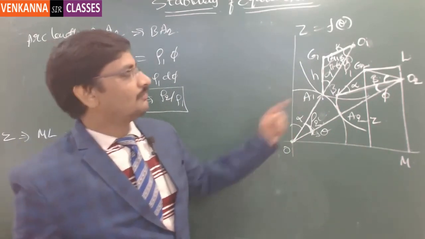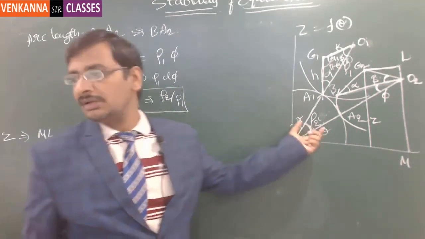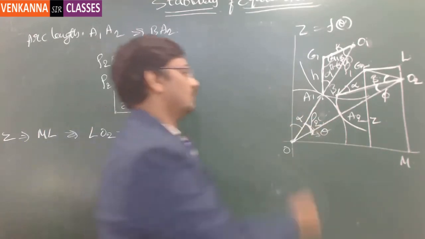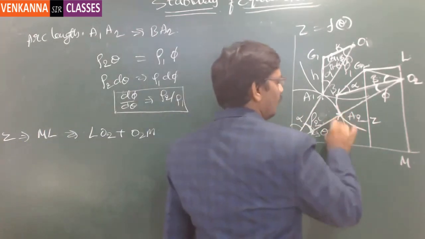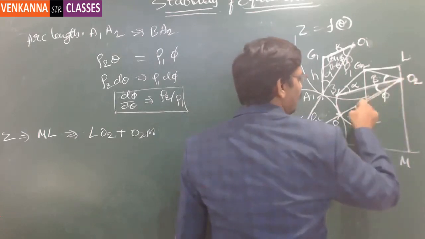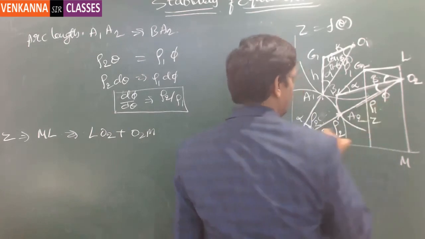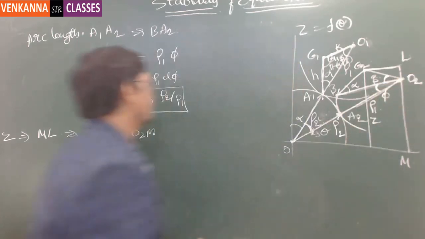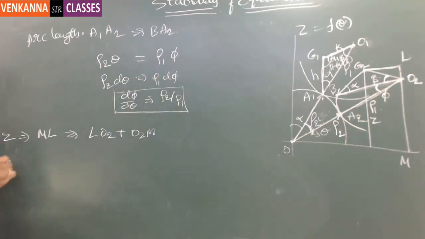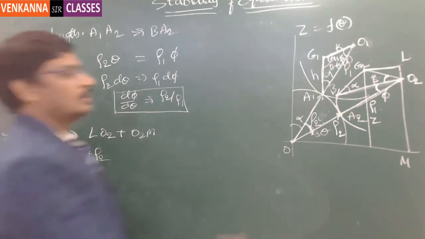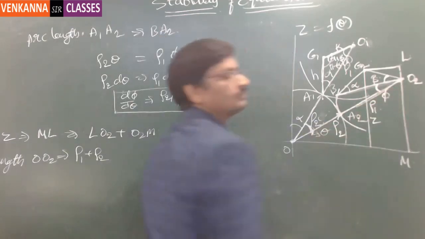As and when there is a possibility of using the given constant values, we can make use of them. So this value is again rho 1 and this value is again rho 2. Sorry, this is rho 2 and this is rho 1. Then this entire length OO2 is equal to rho 1 plus rho 2.